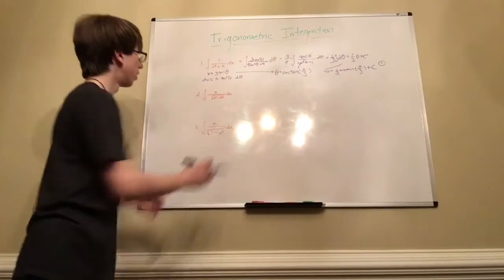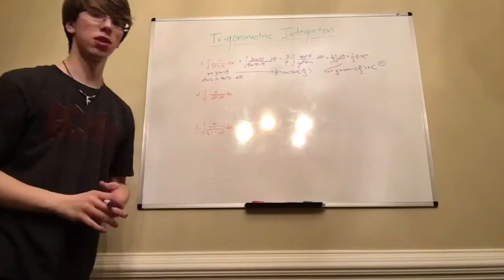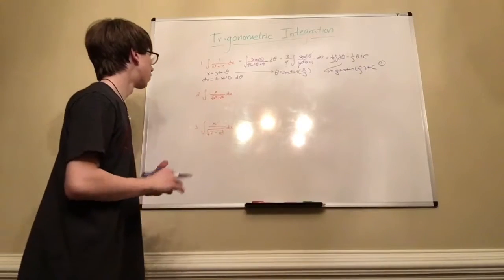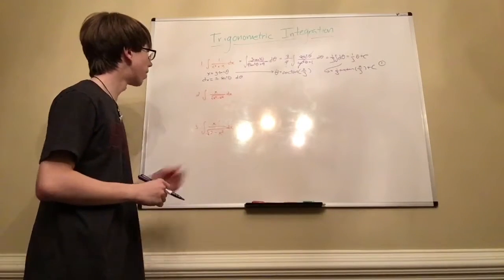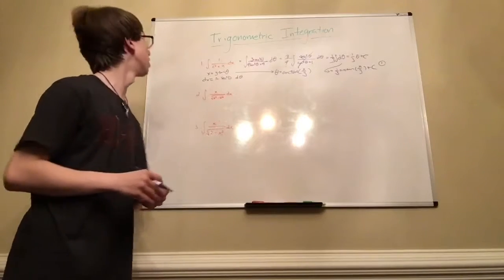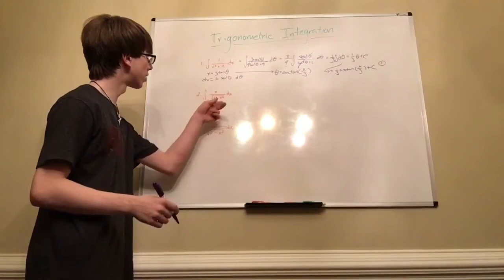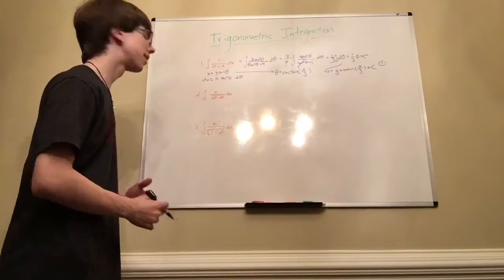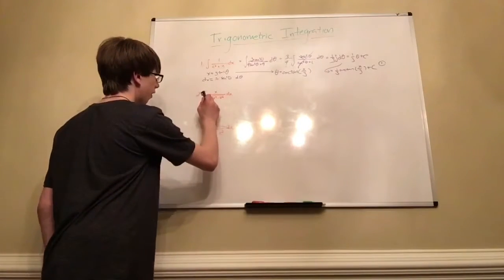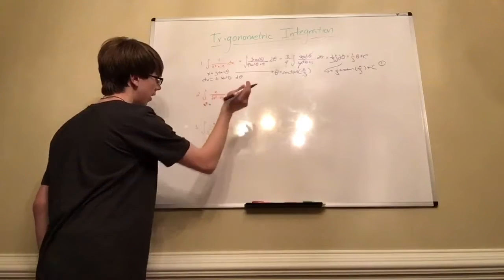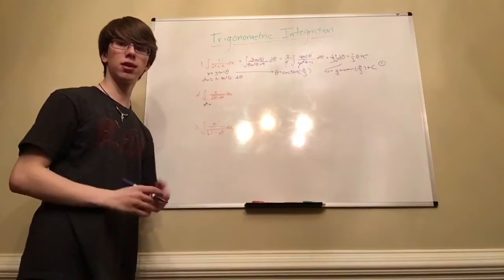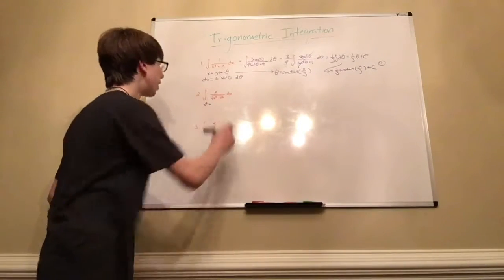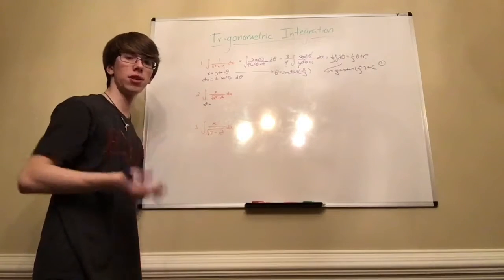Here we have our second question, which is the integral of x over the square root of x to the 4th minus 64 dx. Here we have x to the 4th, and that is our x squared. This is the configuration for secant, and a is 8 because a squared is 64.